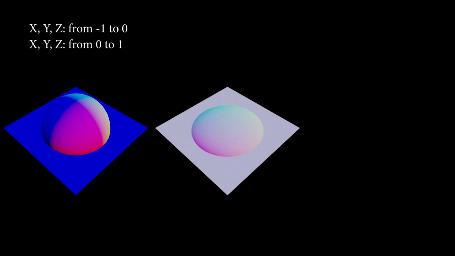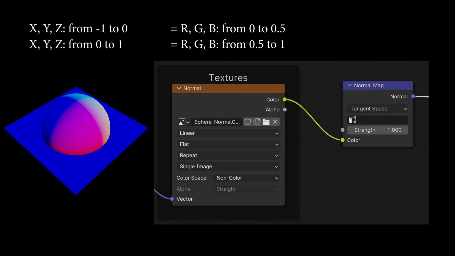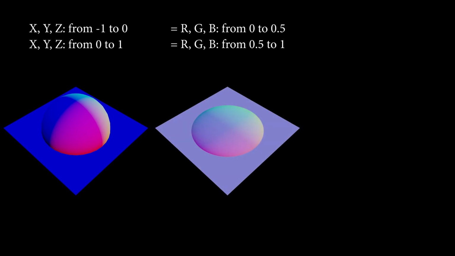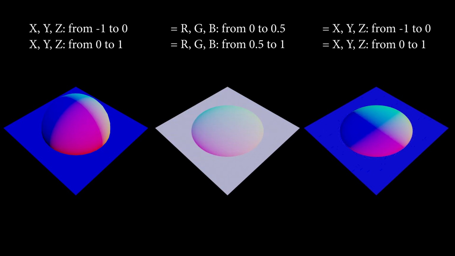However, a normal map can only contain RGB values between 0 and 1, so the Blender vectors are compressed into this range. To use these normal maps in Blender again, we need to connect the normal map to the color socket of a normal map node. This node converts the values back into vector coordinates.